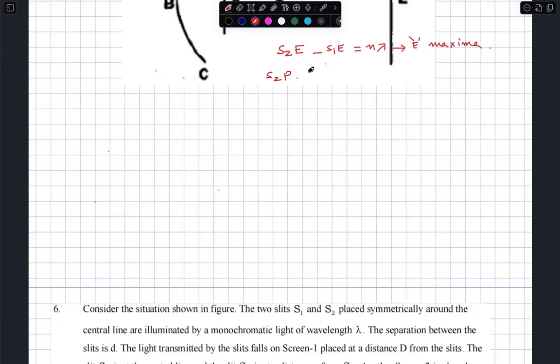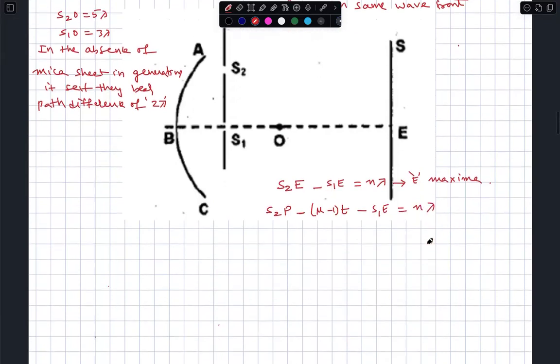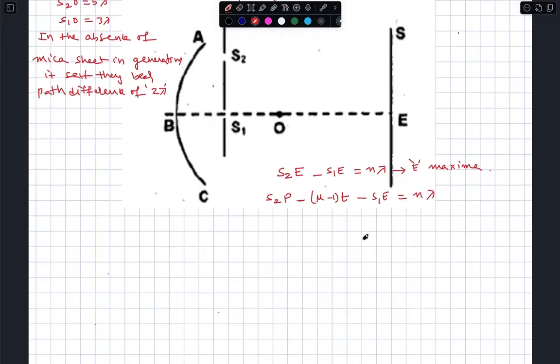So therefore, S2P minus mu minus 1 into T minus S1E is equal to n lambda. That is the condition. Right.